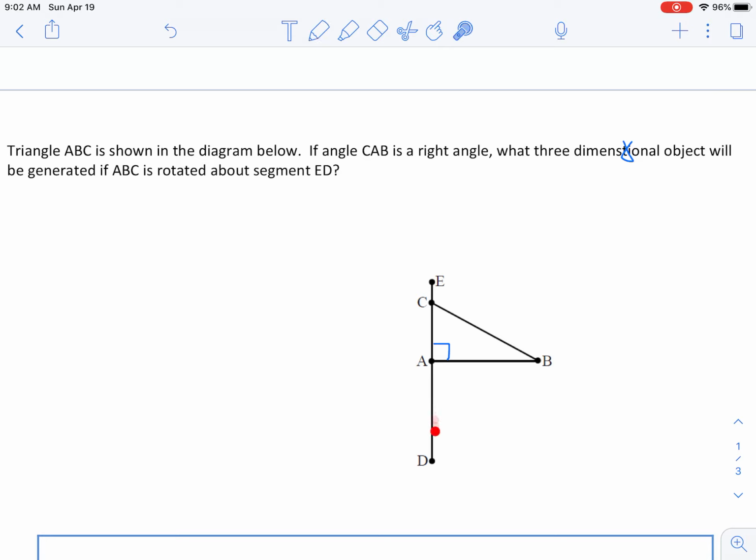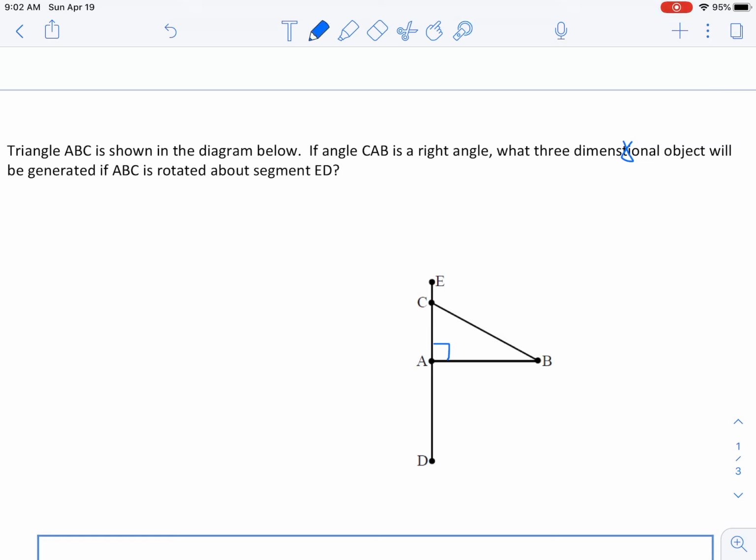So if you can picture taking this line, this segment, and spinning it around. So you would spin this triangle around this line.